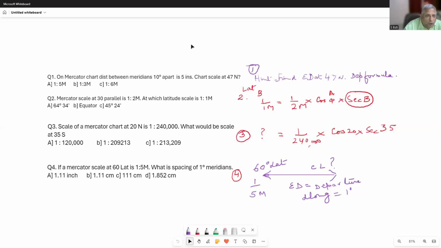I have given you a few numericals, and with a hint. If you're doing it for the first time, you will need a hint. And if you have the knowledge, then just go ahead and try these 4 numericals. Where are the answers? How will you know your answer is right or wrong? Wait, the answers are given to you in the next slide.